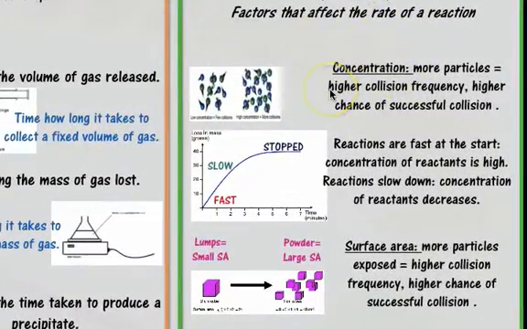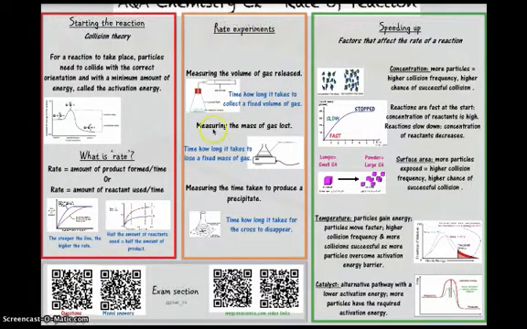So if you increase the concentration, there are more particles in the same volume, but it's a higher collision frequency, so it's more collisions in the same time. So again, pause this, have a look, make sure you know the different ways of measuring the rate, make sure you're sure about collision theory and how we actually measure the rate, and then all of these explanations.